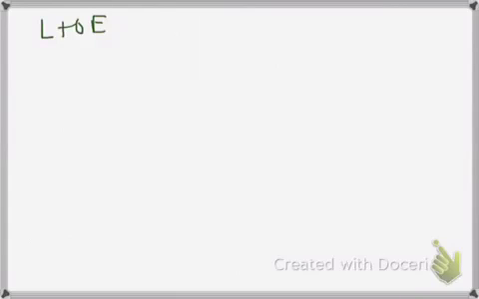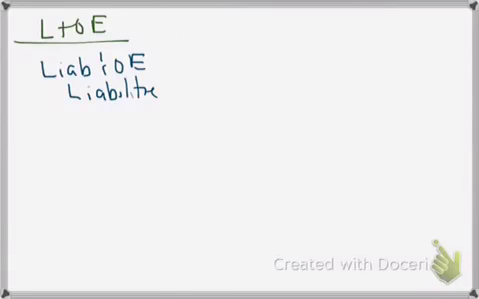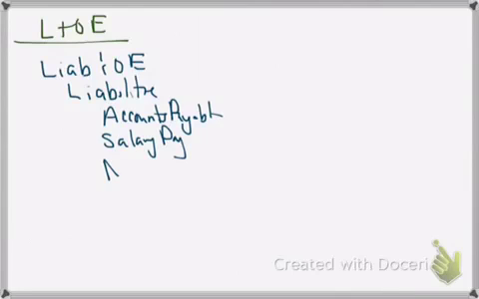On this side, when we look at this portion of the statement, we will start it with liabilities and owner's equity. Then you're going to indent over and do your liabilities. And for my liabilities, I'll indent one more time and I will list those out. So I would have accounts payable, I'm going to have salary payable, and I would have notes payable.